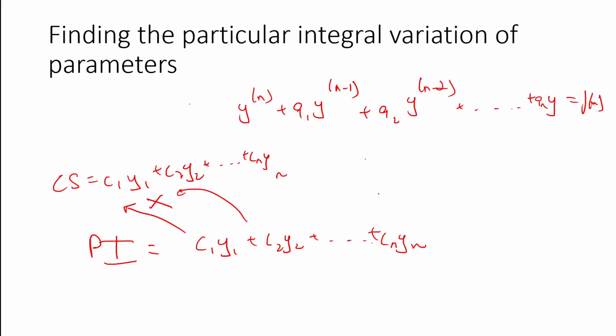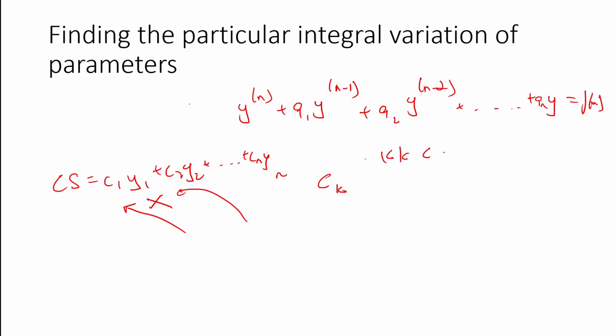So now how to find these? The form of finding them is like this. Take Cn itself, or say some Ck where k is between 1 and n. This is a general way of writing it.